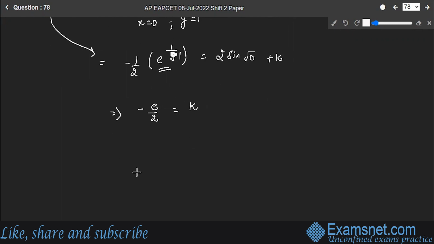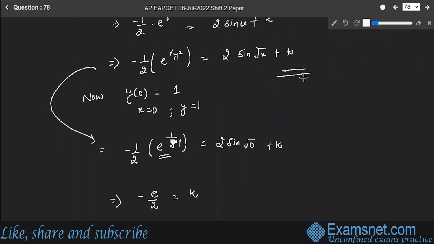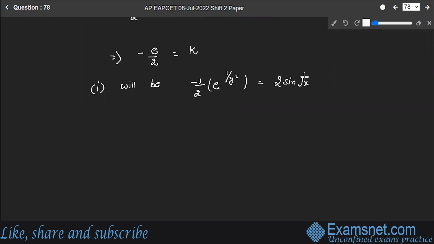Now the whole expression, we had to find out the value of k. This whole expression will become minus 1 by 2 e raised to power 1 by y² is equal to 2 sin √x plus minus e by 2.